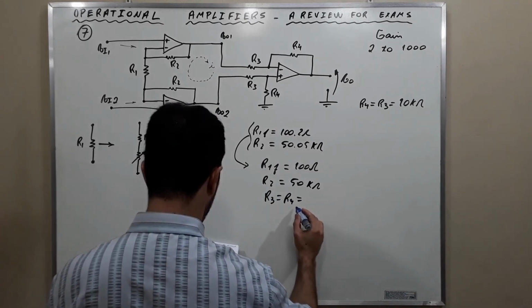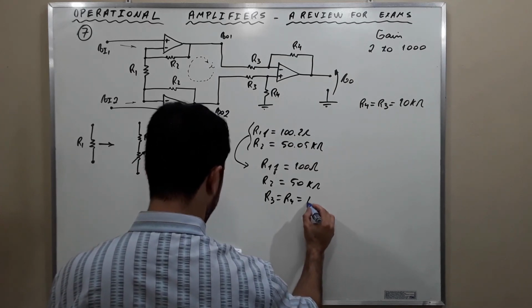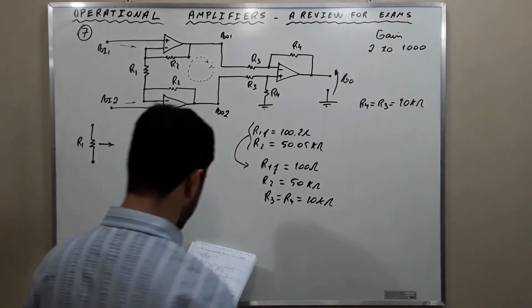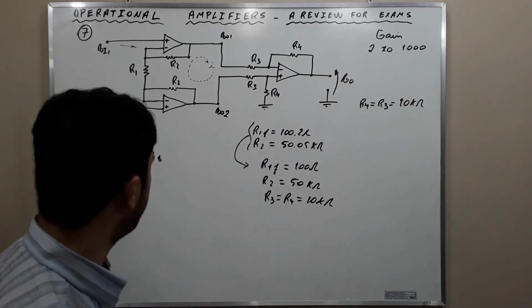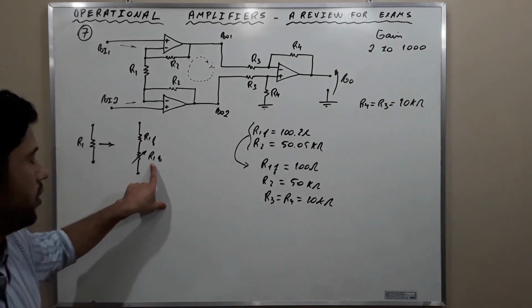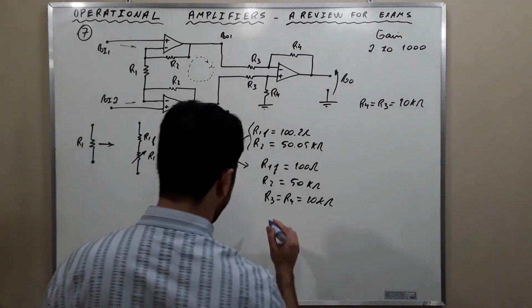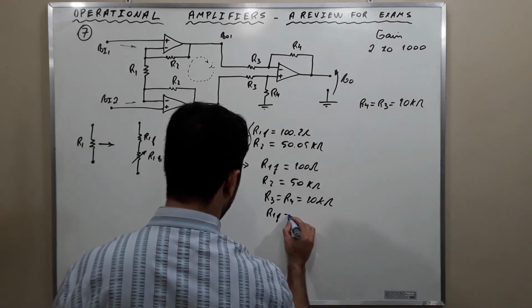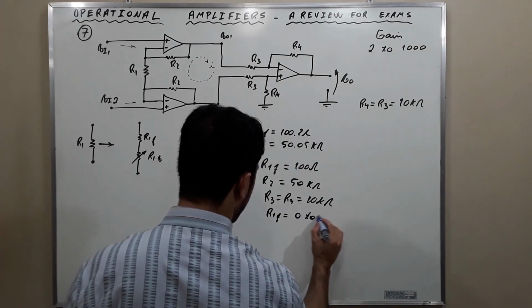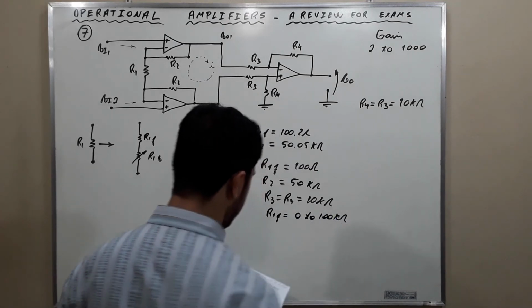We have already said that 10 kilo ohms, okay? And the potentiometer that we're going to use for the place of R1 for R1V is 0 to 100 kilo ohms, okay?